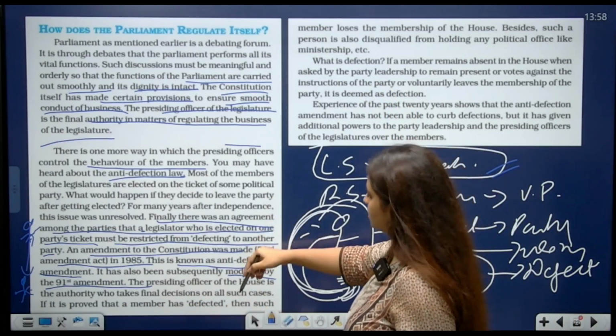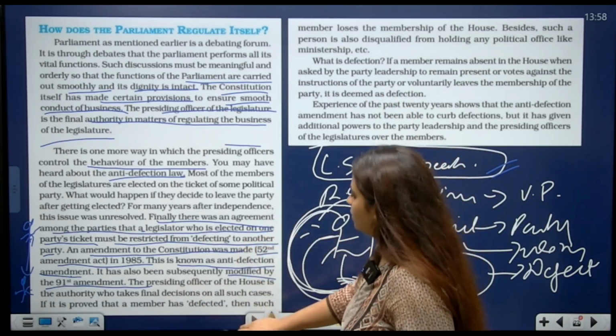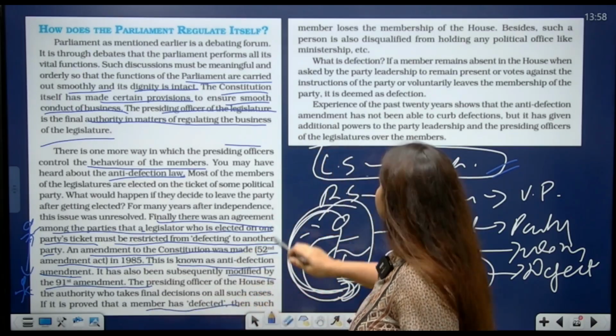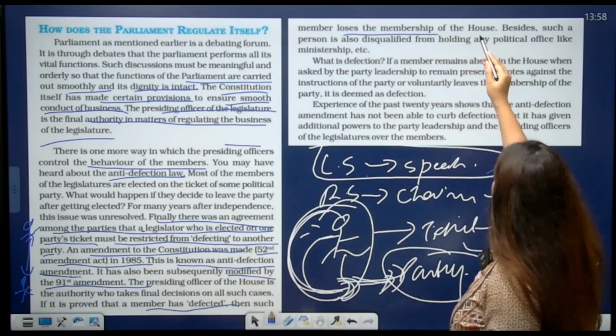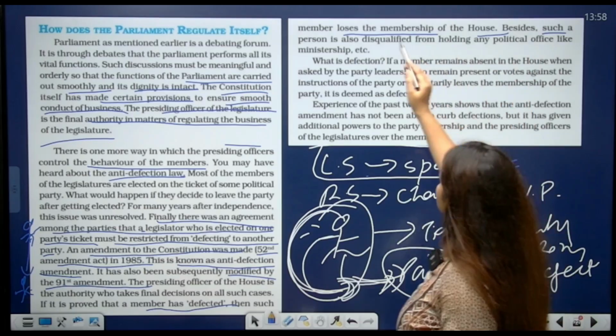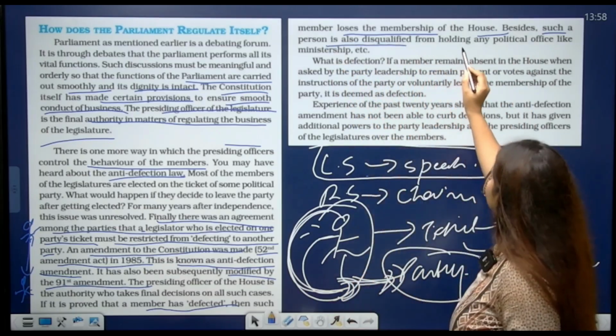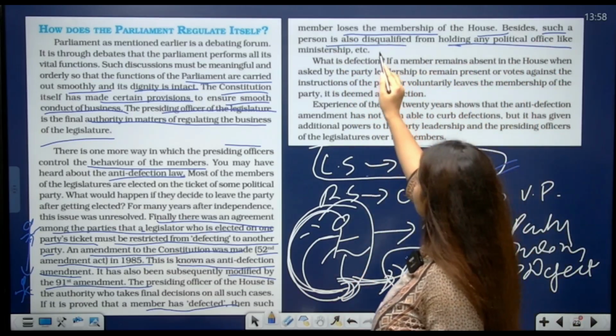What are the consequences if a person is proved to have defected? The person loses membership of the house. Besides, such a person is also disqualified from holding any political office of ministership.